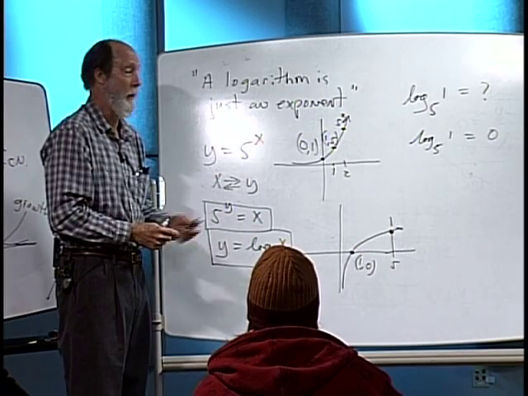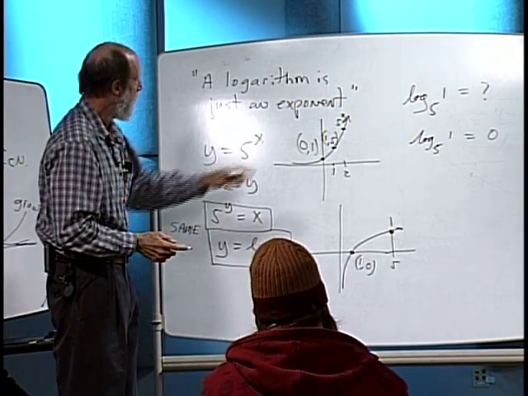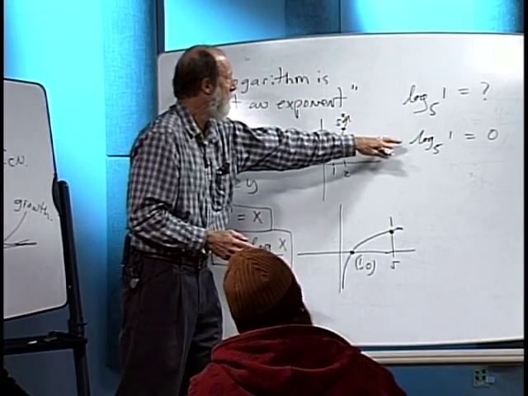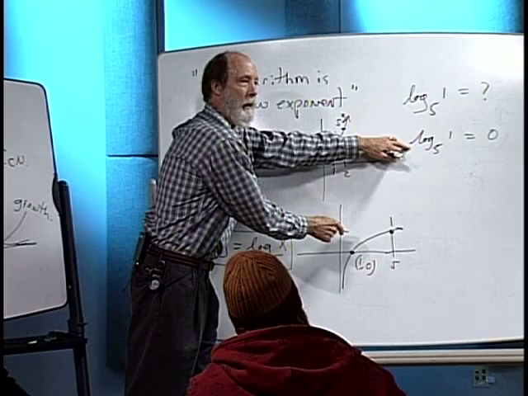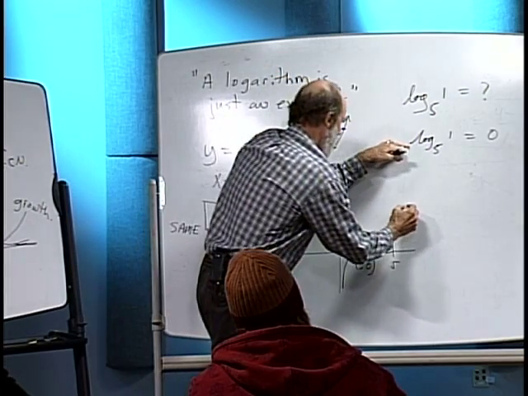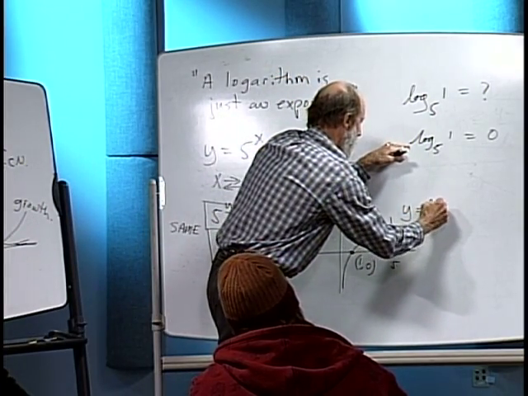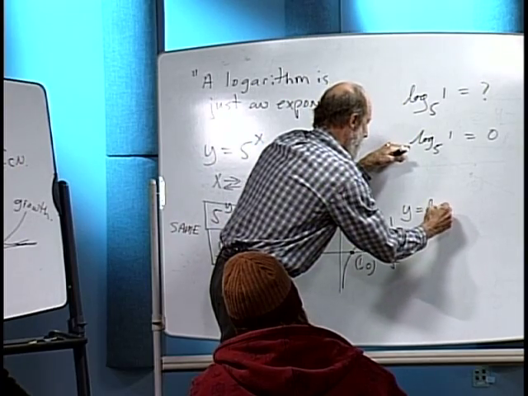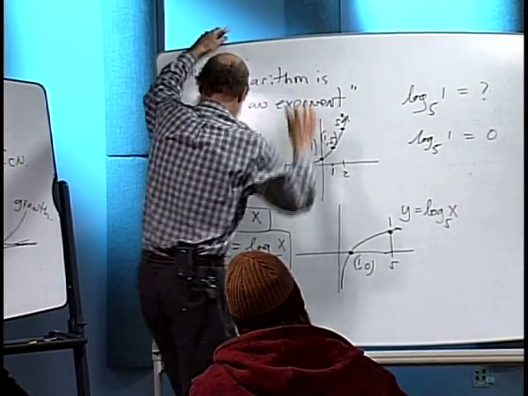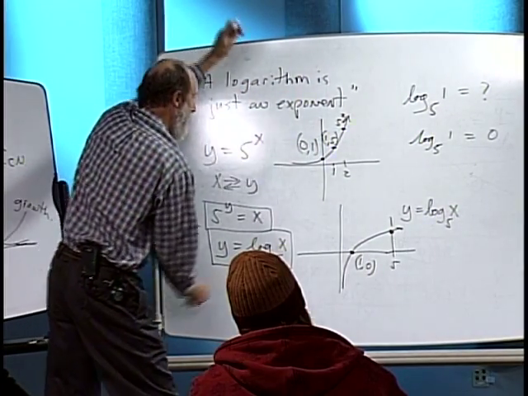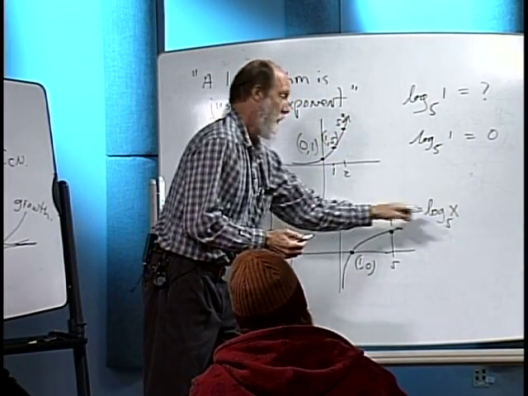Let's try a couple more. Let's stick with this base 5 for a second. Oh, one more question. Where is this information on this picture? Look right here, folks. This is an equation, isn't it? This is a function. It passes the vertical line test. And here's the equation for this graph.